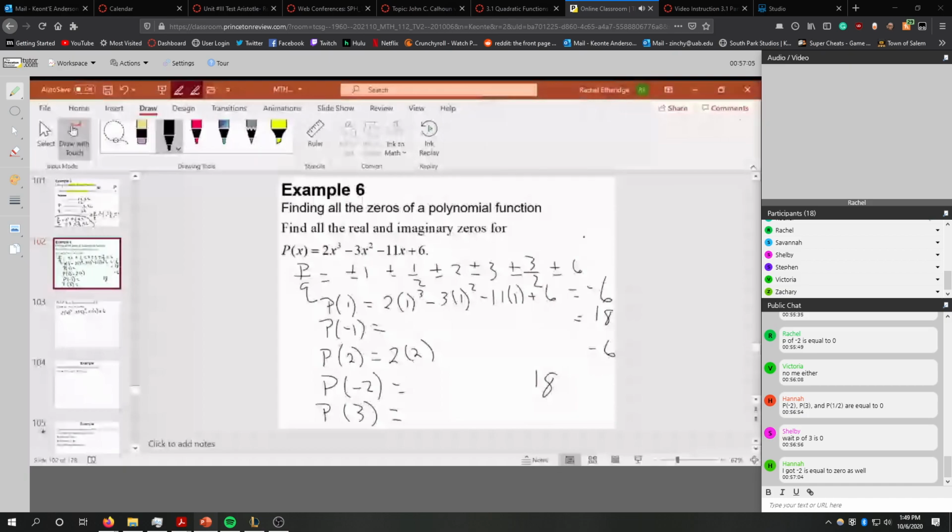2 times -2 cubed minus 3 times -2 squared minus 11 times -2 plus 6. All right, hopefully that will work.